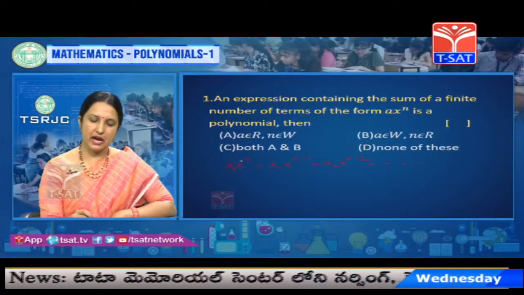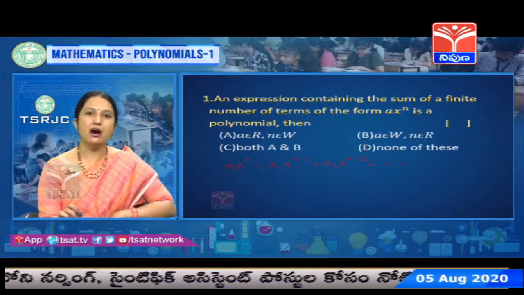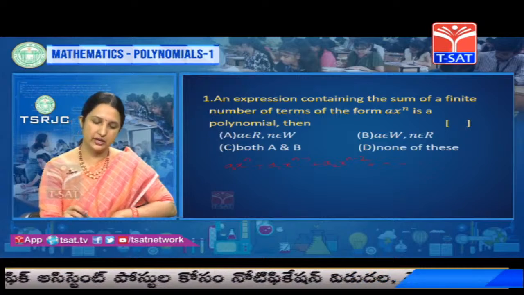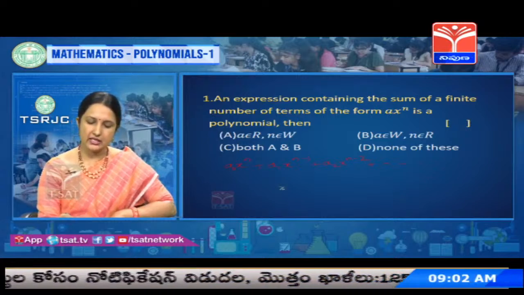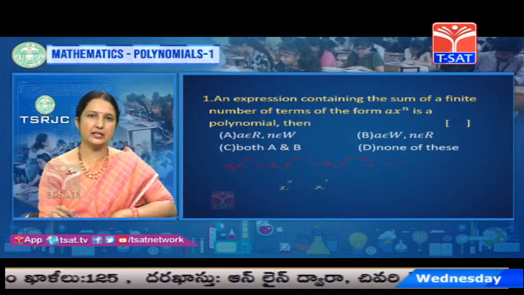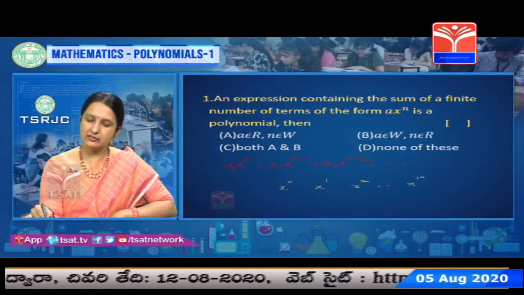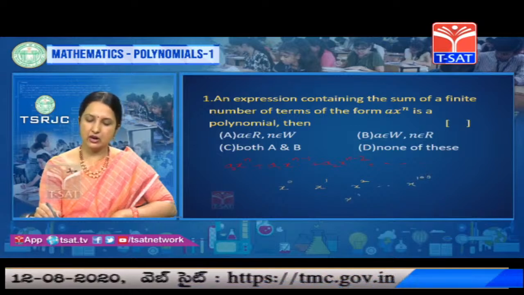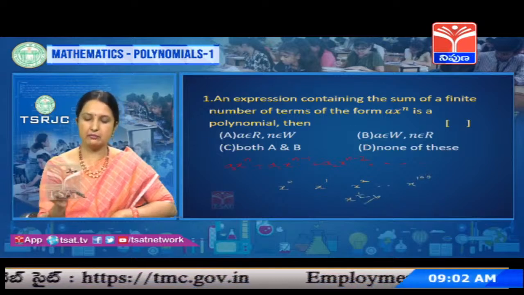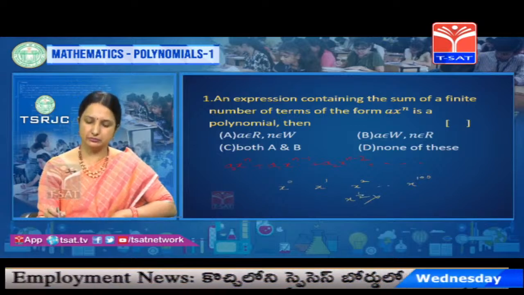And next, the powers n, n minus 1, n minus 2, all those should be whole numbers. That means we can write x power 0, x power 1, x power 2, x power 100 also, but we can't write a x power 1 by 2 because 1 by 2 is not a whole number.